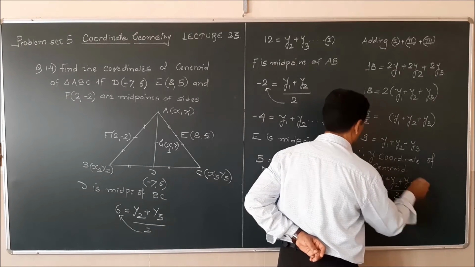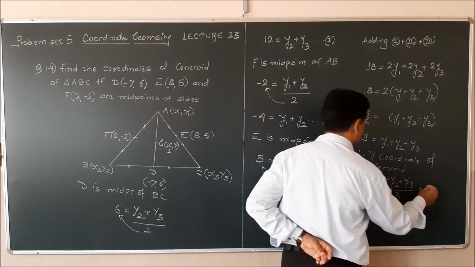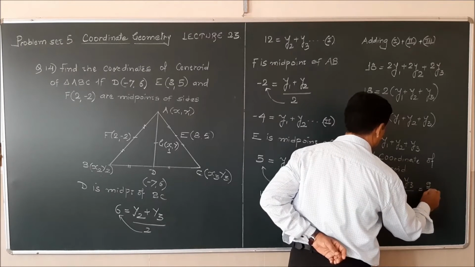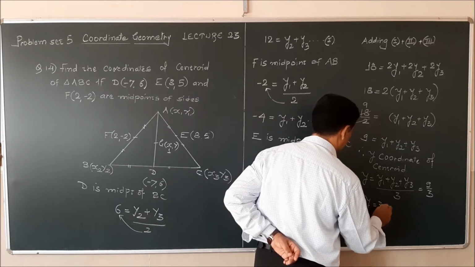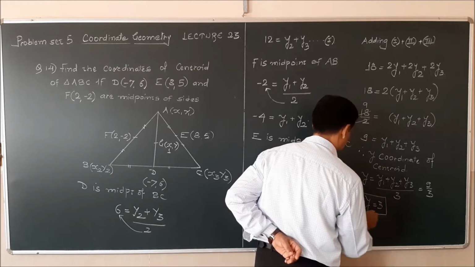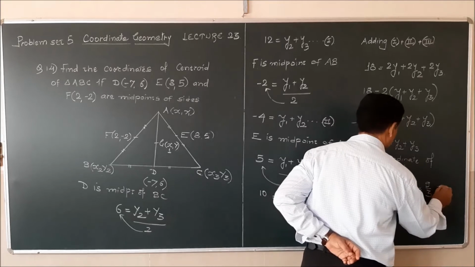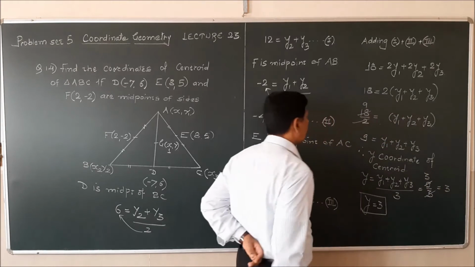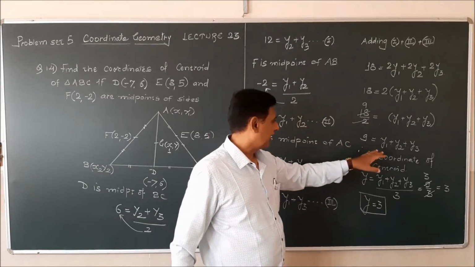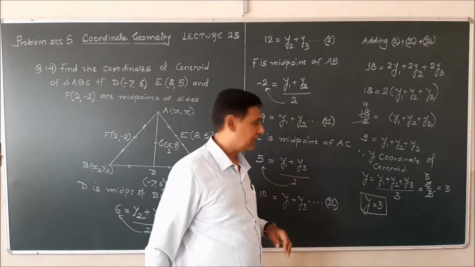Since we know the value of y1 plus y2 plus y3 is 9, upon 3, so y is equal to 3. 3 3s are 9. So we obtain here the value of y1 plus y2 plus y3, which is 9.